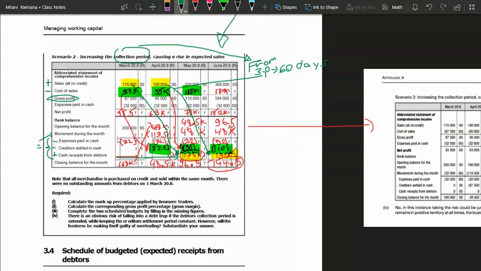If you look at this example, they only give you 4 months. Yes, sir. It means that this company is tracking closely their sales, so it's extremely realistic.